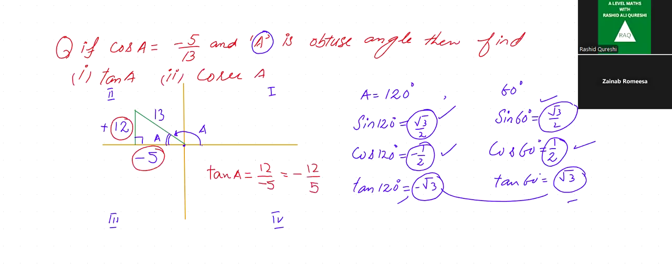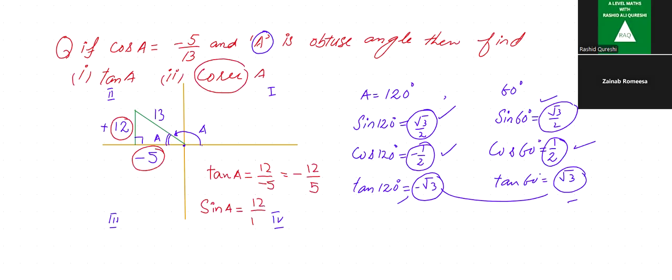The second one, I have the cosine. Cos is already given. Now I have to find the cosecant. And remember that cosecant is the reciprocal of the sine. So you have to find the sine of angle A. Sine of A means perpendicular upon hypotenuse. So that becomes 12 upon 13.